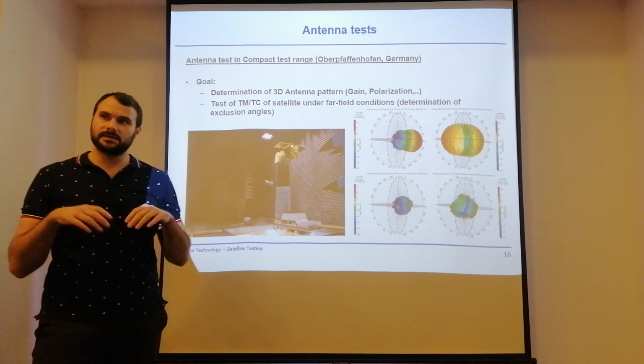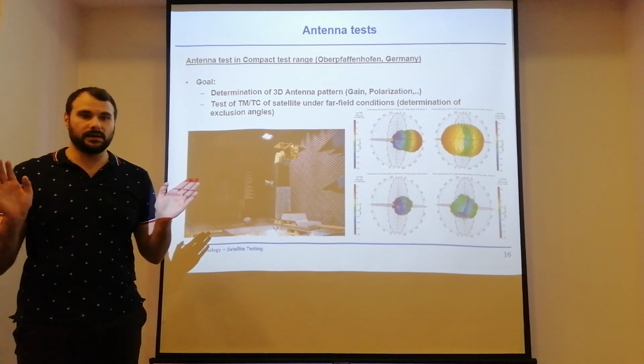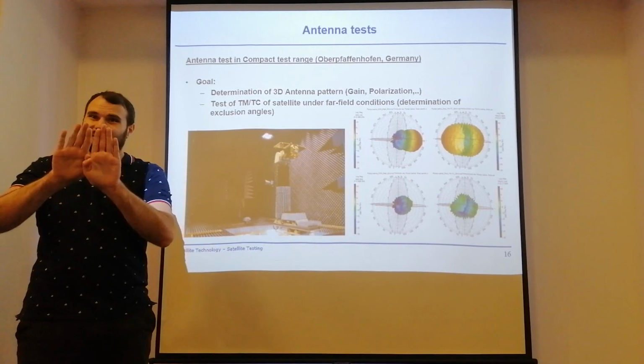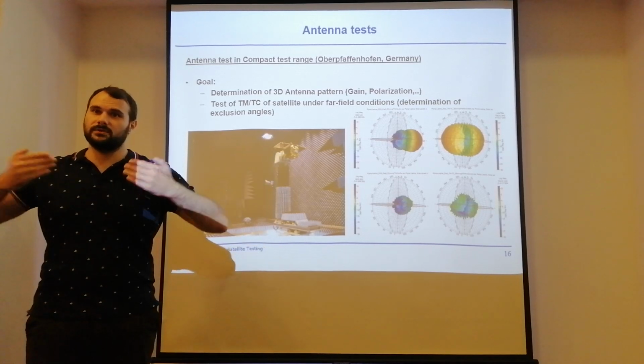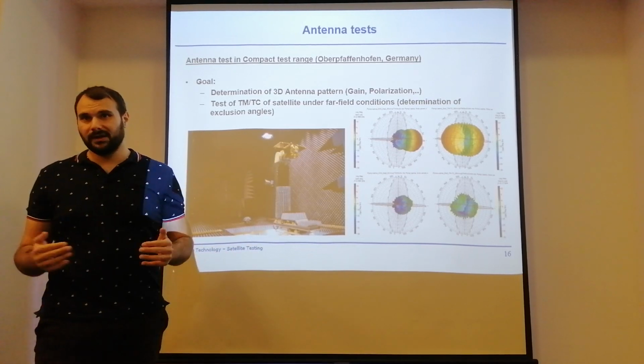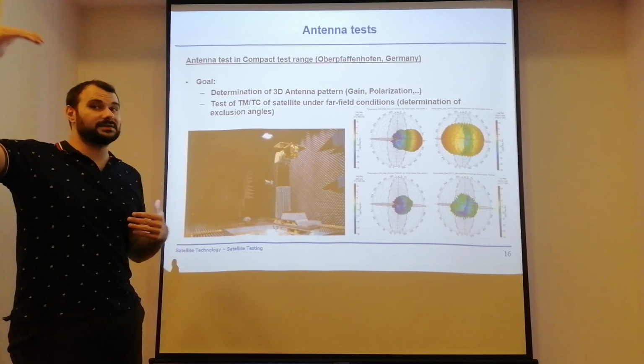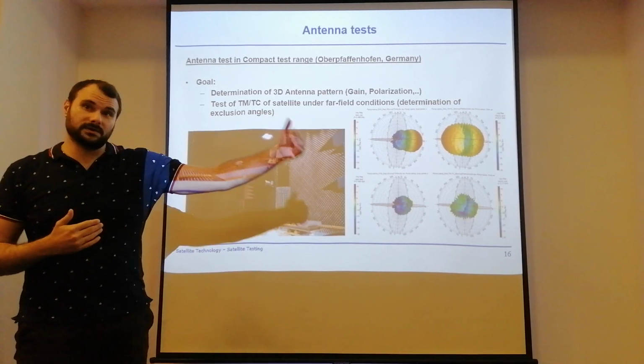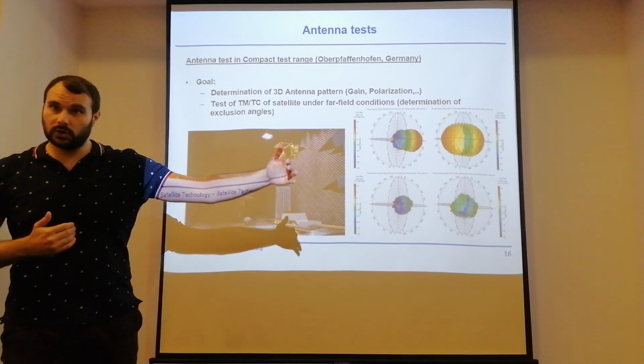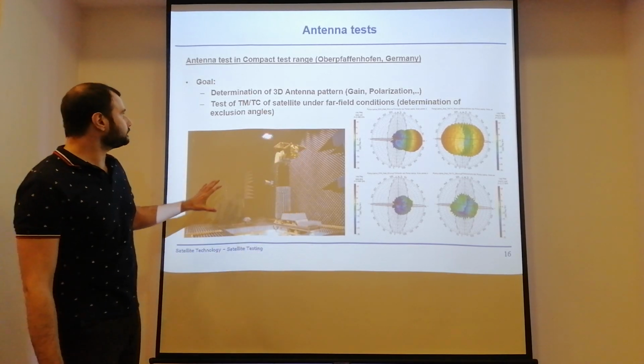Far field conditions basically mean that all your waves are flat, on a flat surface coming to you, they are not curved anymore. Those are the conditions the satellite would see when it is in space, and not just in your testing area where it's really close to your test antenna.